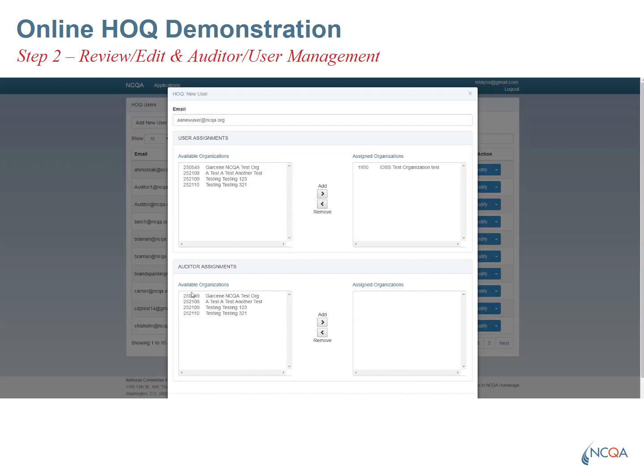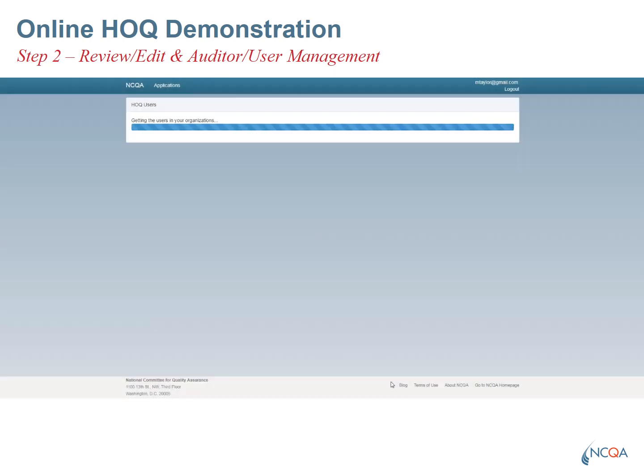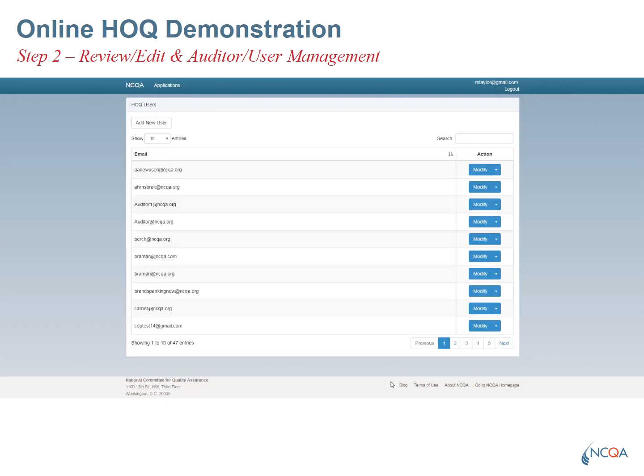You'll see for the other type of role, that organization will disappear. You can select one by one, or you can shift and highlight, add them all, and once you do that, you just save changes. And that is all there is to giving someone access to your orgs.